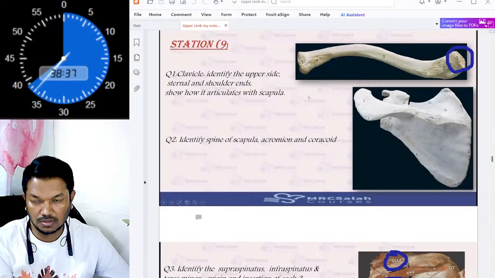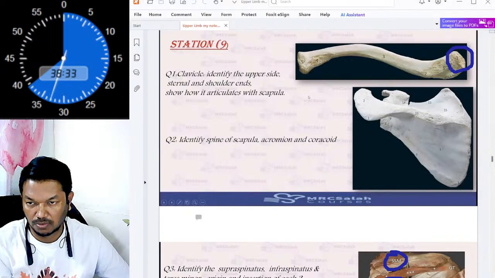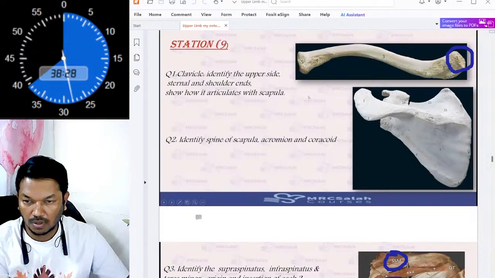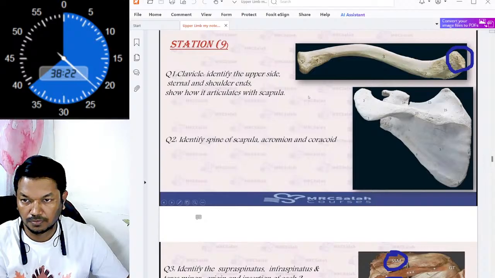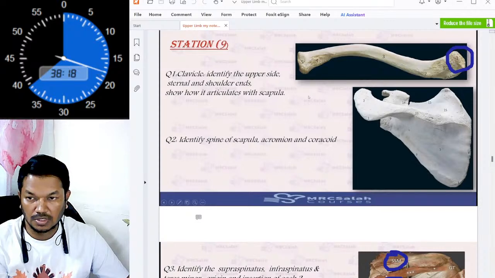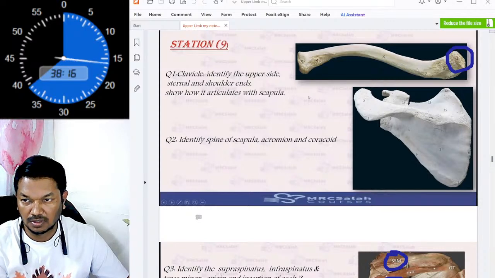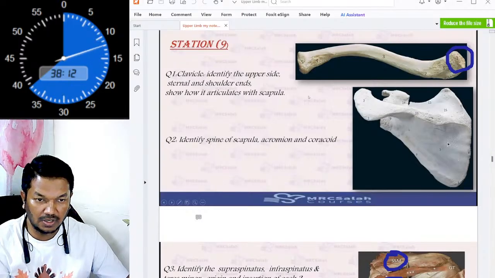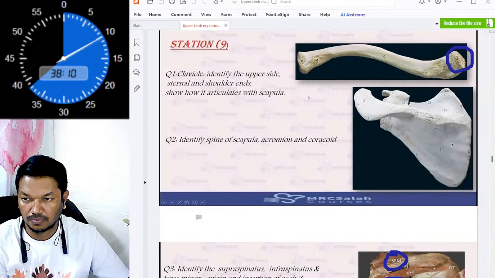I can't see properly. Medial border. Number 5 is the infraspinatus fossa.